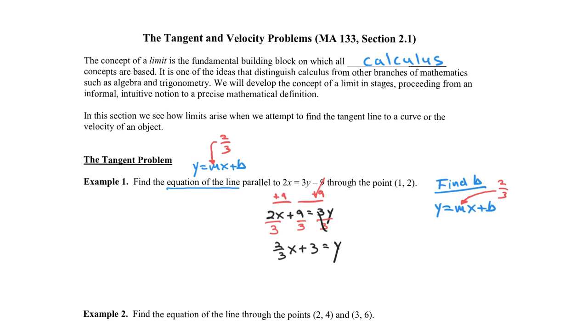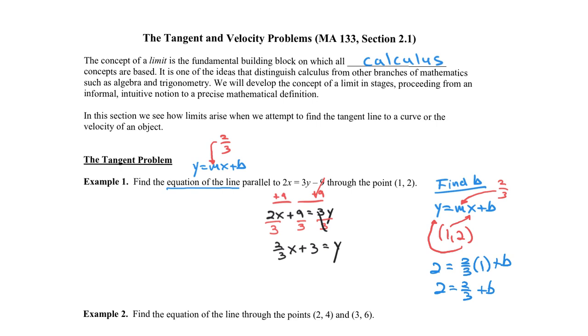So I take this point (1, 2) and plug in 1 for x and 2 for y, then solve for b. That gives us 2 = (2/3)(1) + b, so 2 = 2/3 + b.